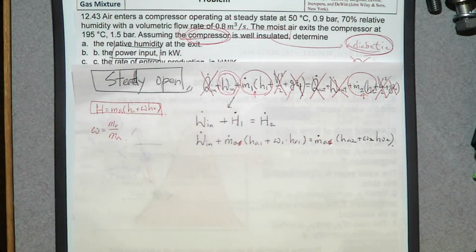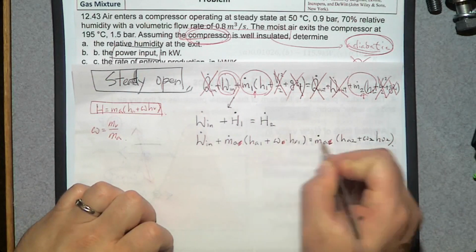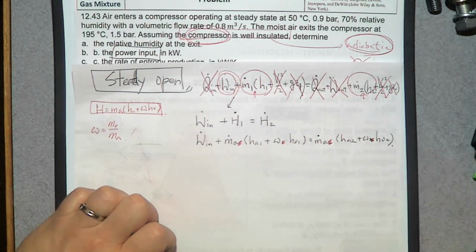Since there is only one inlet and one exit of a compressor, and there is no chemical reaction or nuclear reaction, the mass of water and the mass of dry air should remain constant. So the ratio should remain constant. Omega 1 is the same as omega 2, so I'm going to remove omega 1, omega 2.